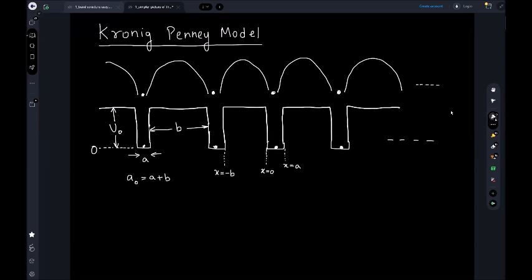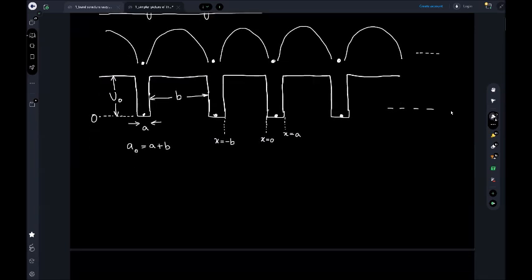So next, what I want to do is write the Schrodinger equation for this system. So what is the Schrodinger equation? I'm going to assume that you are aware of basic quantum mechanics here.